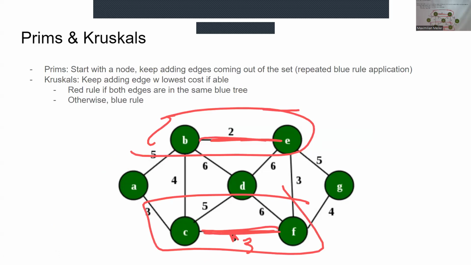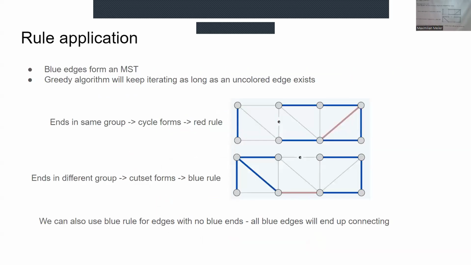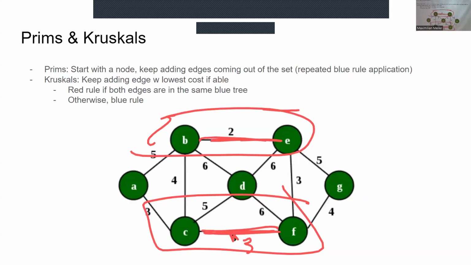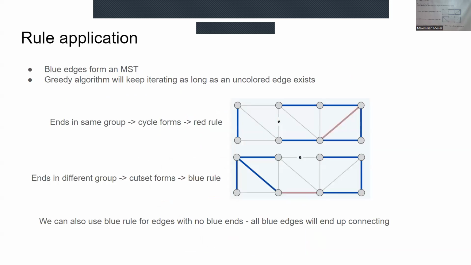Yeah, so all of the blue trees would have to end up connected. It's basically saying that when there's an uncolored edge anywhere in the graph, what can I do?